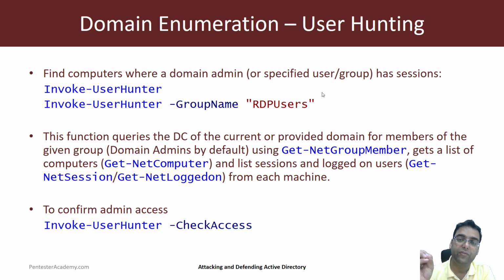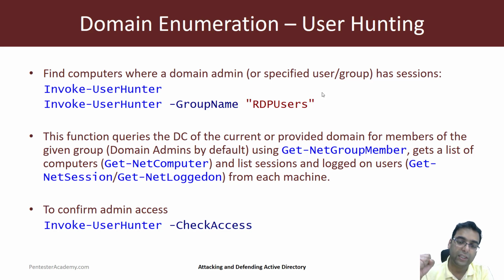Let's say there is a machine where a domain admin session is established, and if we have local admin privileges on that box, what harm can we do? We can extract credentials of domain admin and escalate our privileges. And by credentials, we mean TGTs or NTLM hashes or AES keys or whatever we can get our hands on. In case of a domain environment, all of these are valid credentials, right?